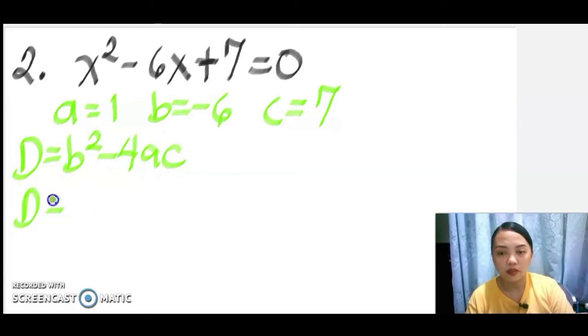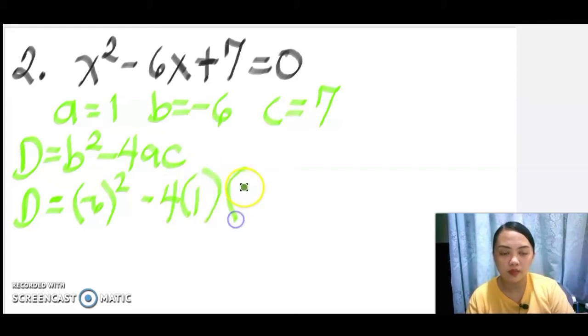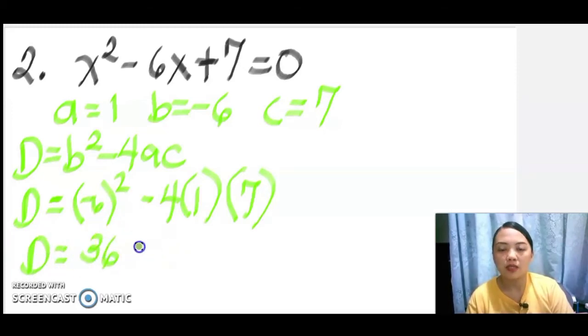So, we have negative 6 square minus 4 times 1 times 7. Okay, so D is, what is negative 6 square? 36. Minus 4 times 1 times 7. So the answer is 28.